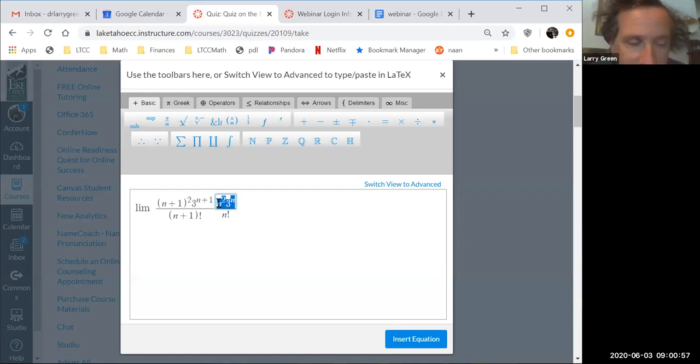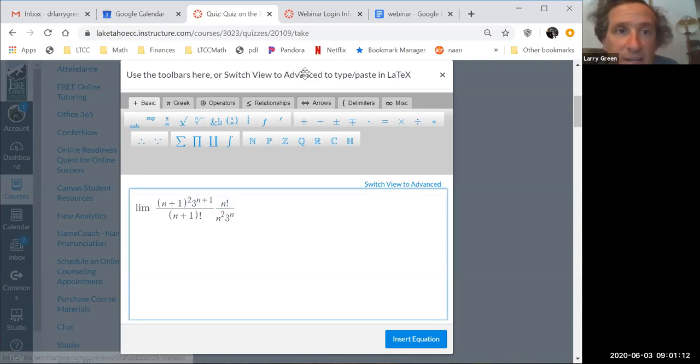I said it and I didn't do it. So now I'm going to do the reciprocal and put the n factorial. Any questions on this little arithmetic, this little ratio test use?